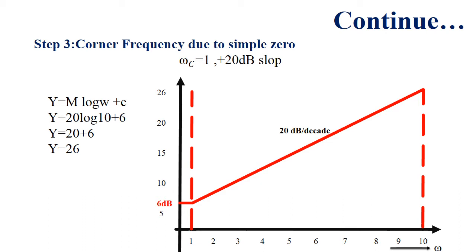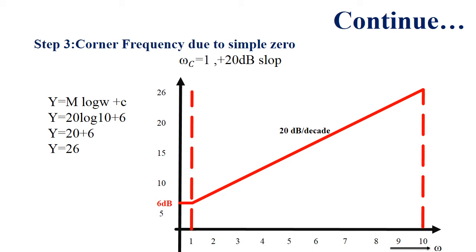So my Bode plot starts from the corner frequency WC equals 1 and it will end at 10. I will write the value of m, the slope, as 20, because I am dealing with simple zeros, and for simple zeros we always take a plus 20 dB slope.